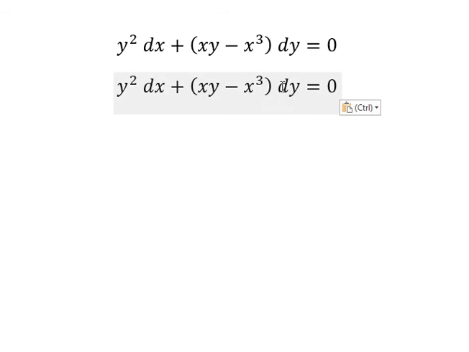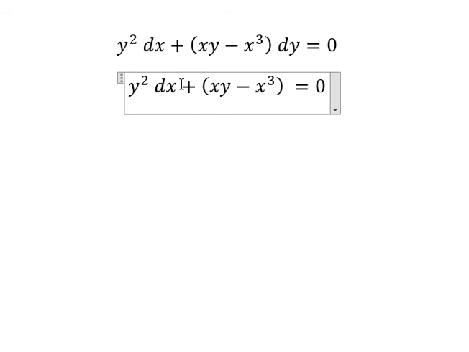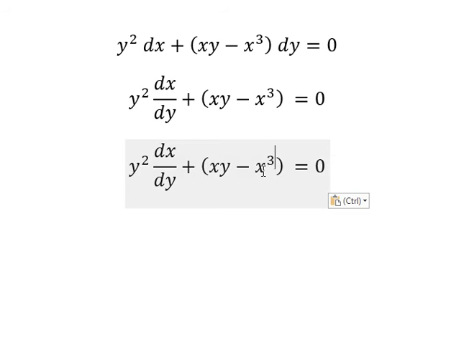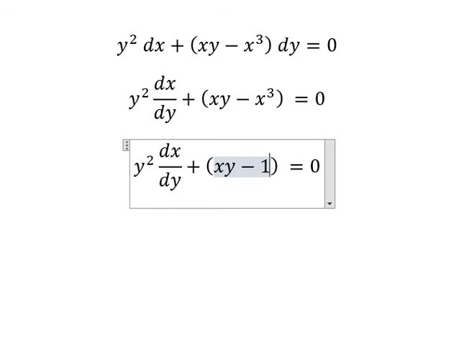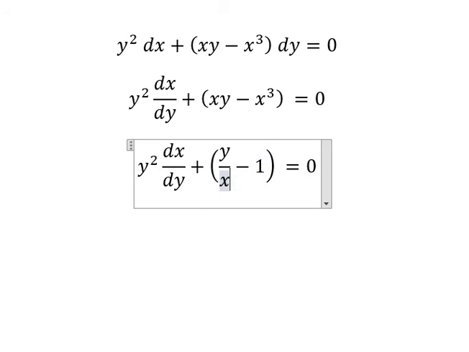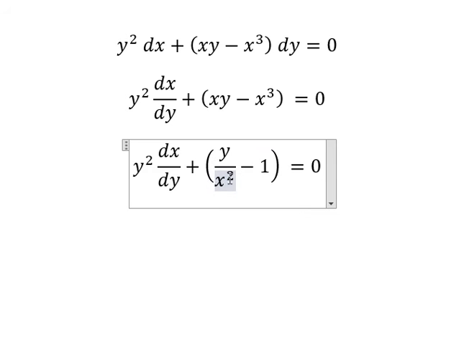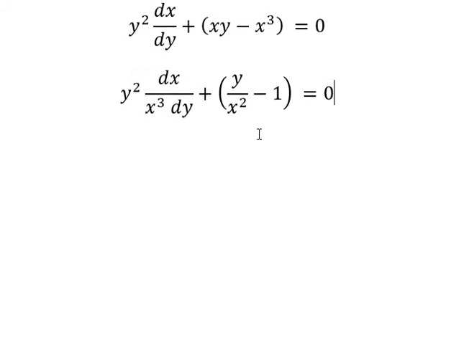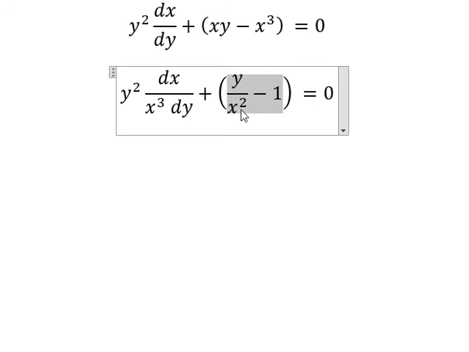So we divide both sides by dy. Next, we divide both sides by x to the power of 3. So we need to open parentheses.